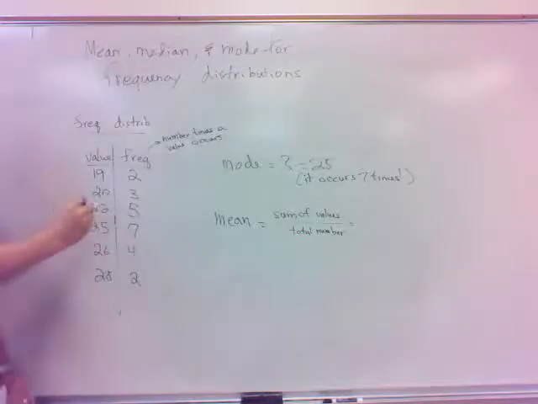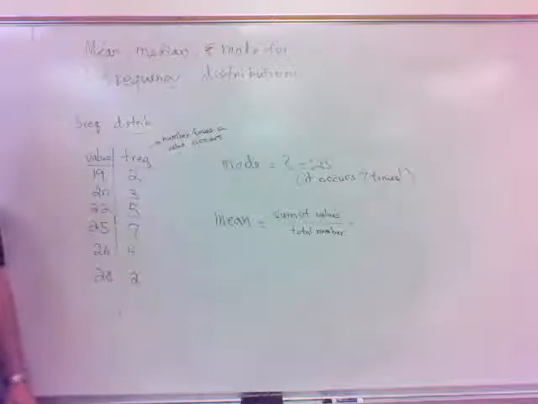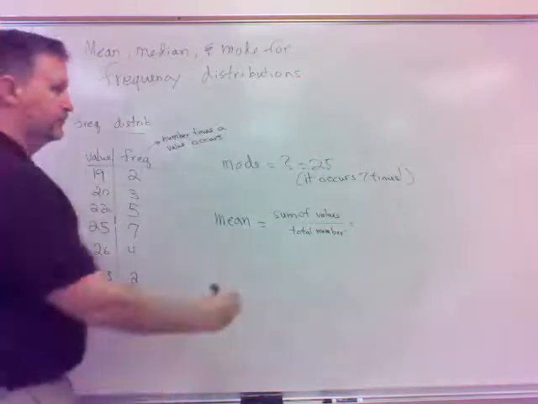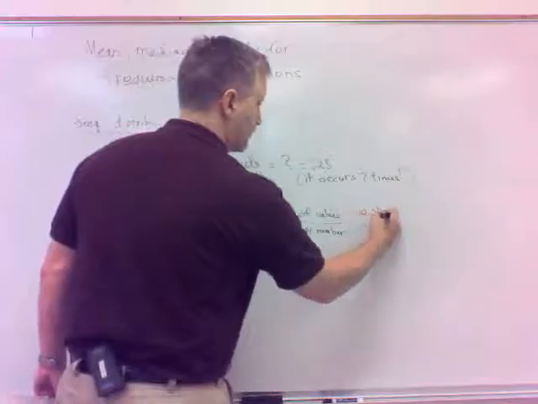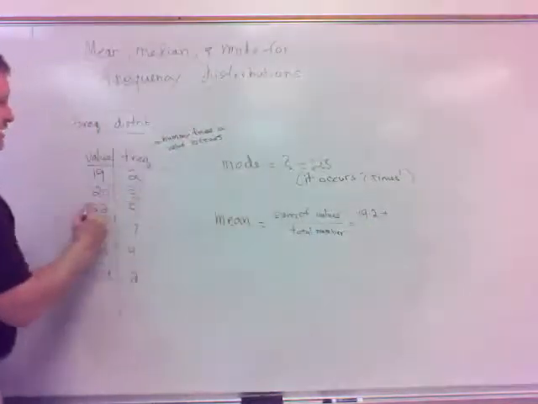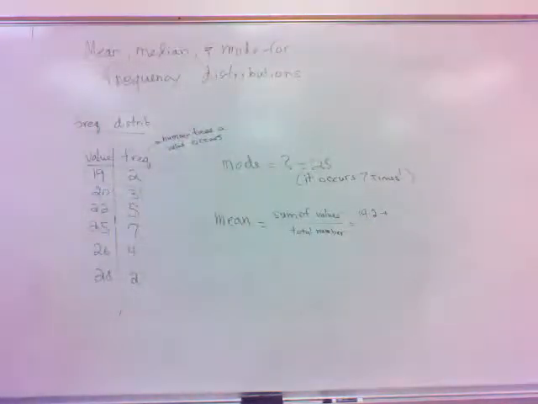Wouldn't an easier way to do it be this? Like I said, it's 19 and 19, so couldn't I get that by doing 19 times 2? And then for the 20s, couldn't I get the total there, 20 times 3?